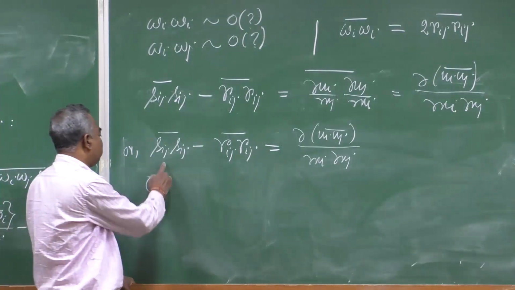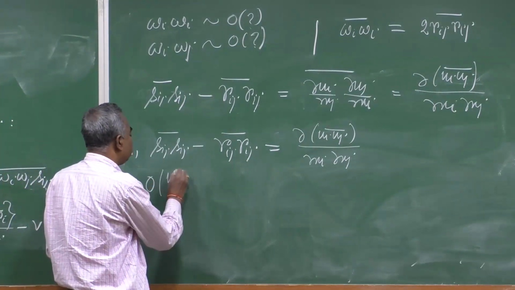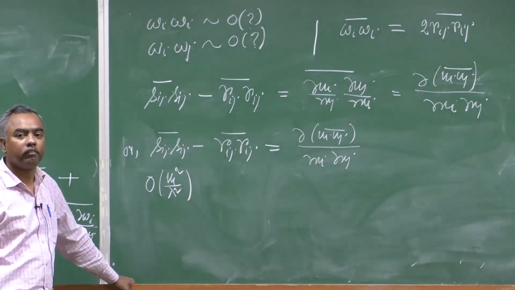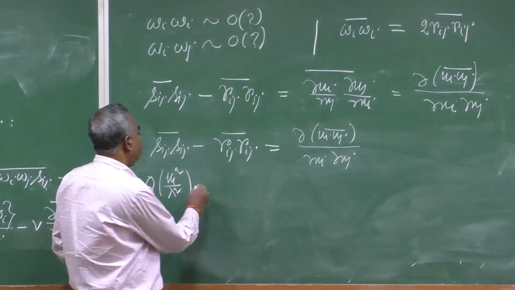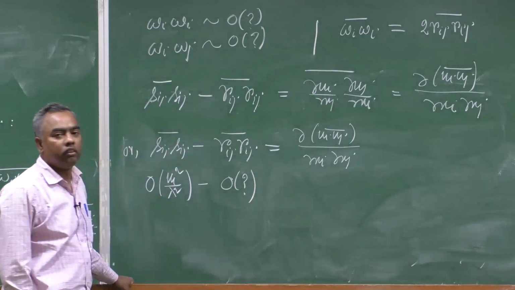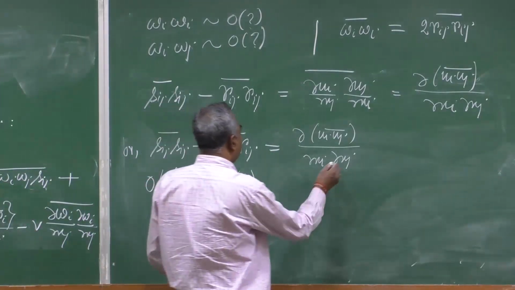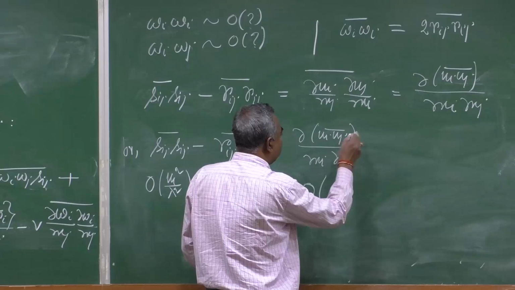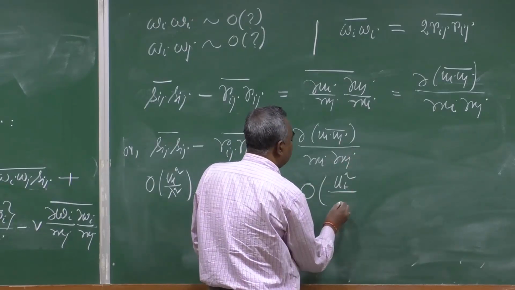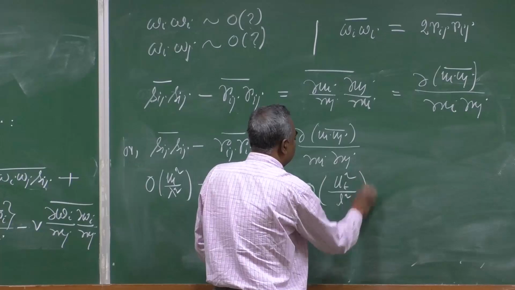So, that means the order of this term is nothing but u_t squared by lambda squared. Okay. We do not know the order of magnitude of this term. What is the order of magnitude of this term? Order of magnitude of this term definitely u_t squared by L squared.